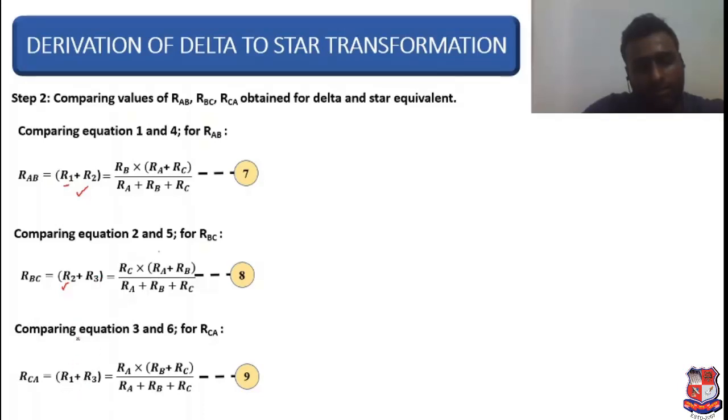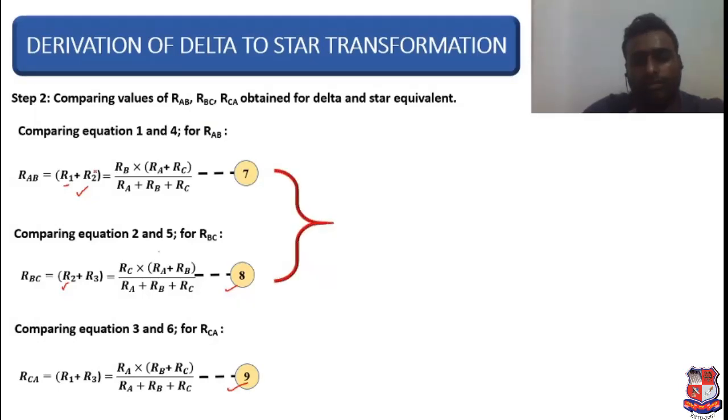Now I just add these two equations, so that R3 will again get cancelled and I will be left with R1. Similarly, to find R2, you can first begin with the subtraction of these two. Equations 8 and 9 subtraction will give us R2 minus R1, and you have here R1 plus R2. So you can solve further and find the value of R2.